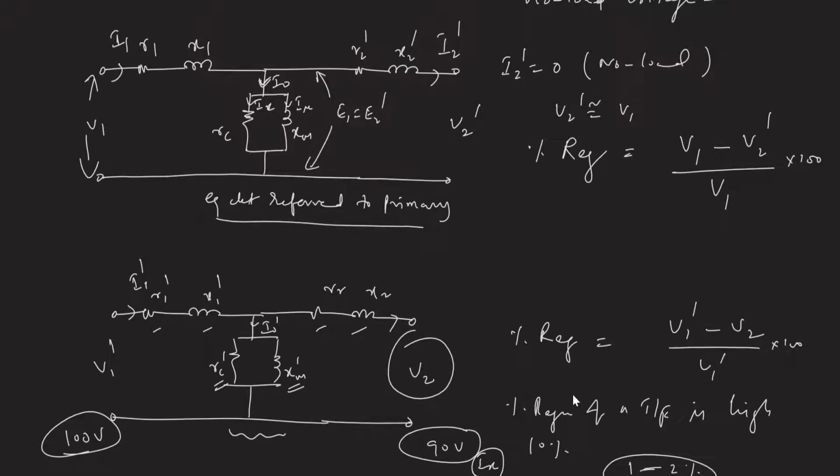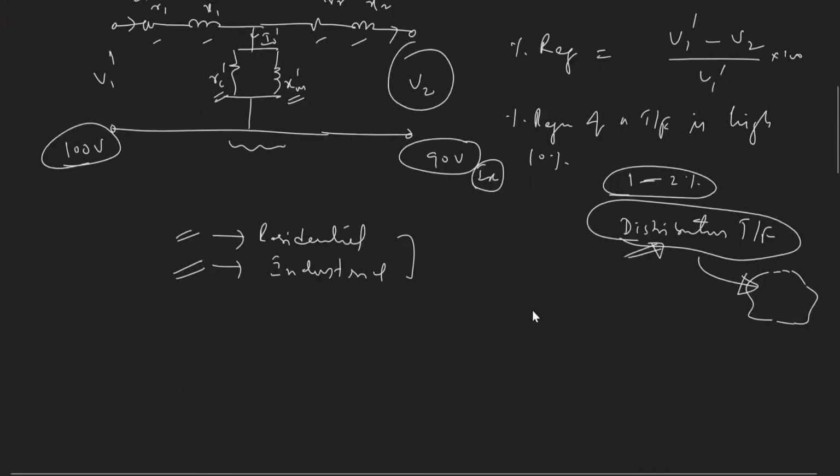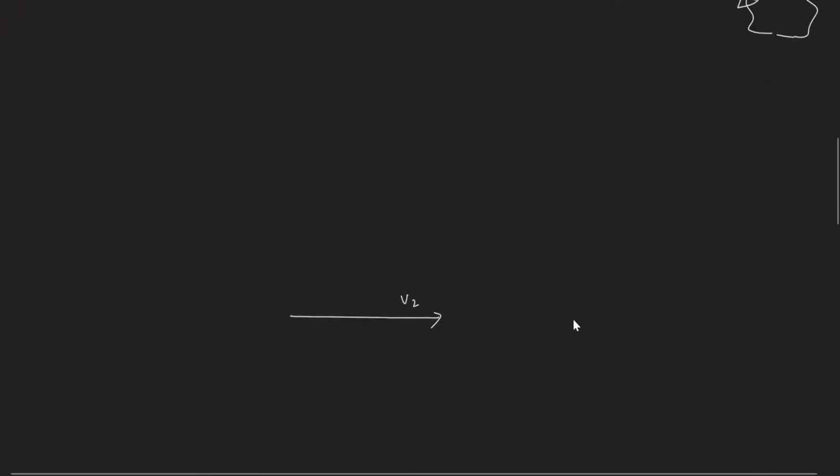So I2 dash will be lagging behind this terminal voltage by some angle, the load power factor angle, right? So this is I2 dash and this is V2 dash, and this is lagging by some power factor angle, the load power factor angle.